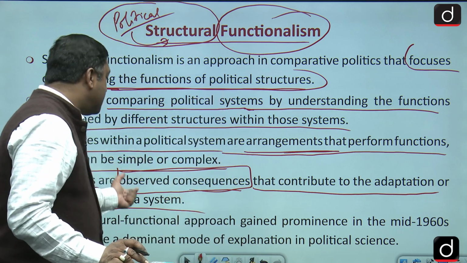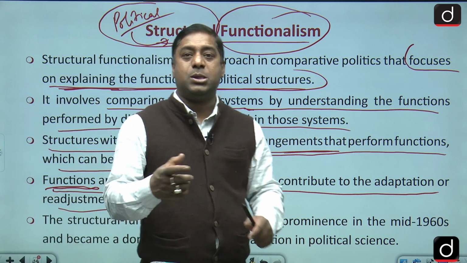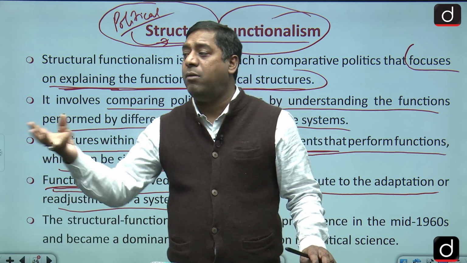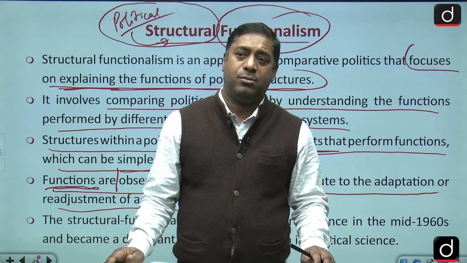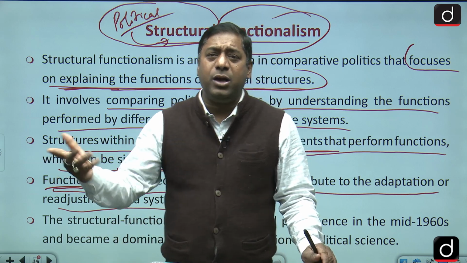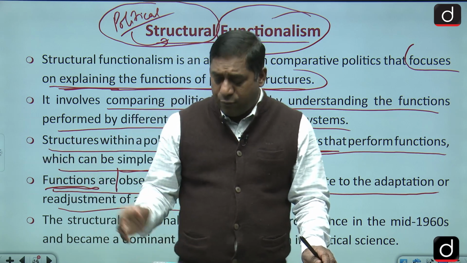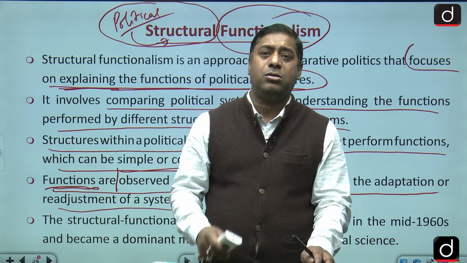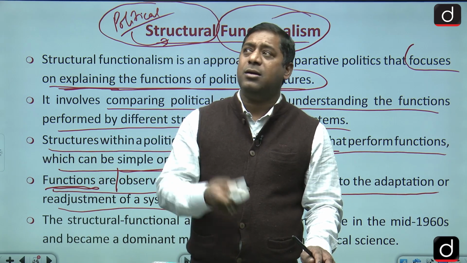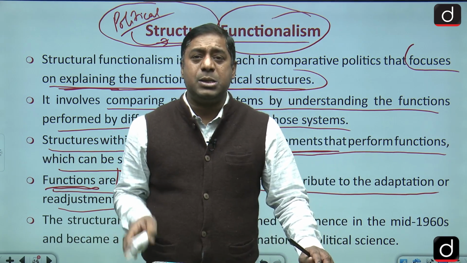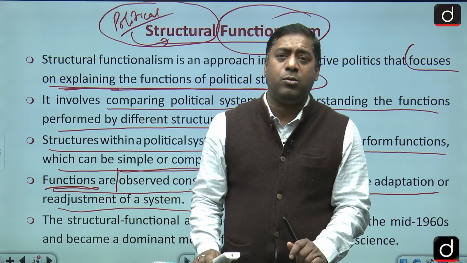That means observed consequences means whatever is observed, that is a function. अगर कुछ चीज observed नहीं रहेगा, then how can this be a function? For example, if I have a remote and if I press this button, the AC will switch off, then this is the observed consequence of this remote.